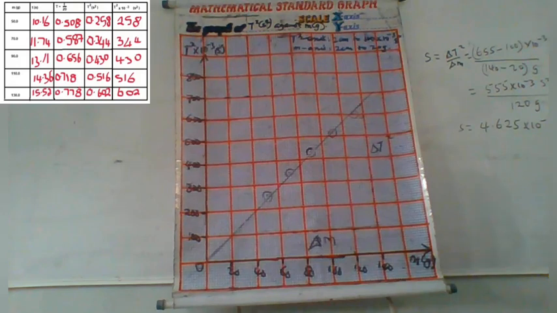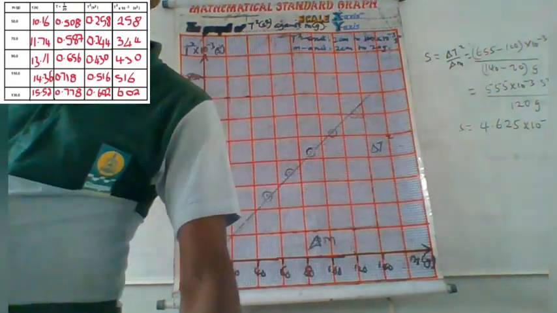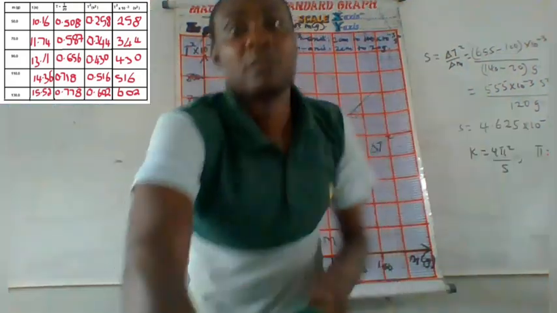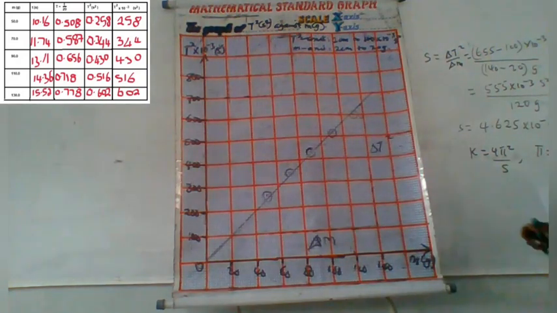Now, we are asked to evaluate k equal to 4 pi squared over s.